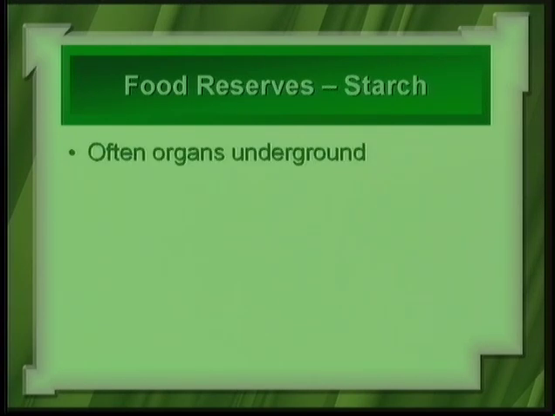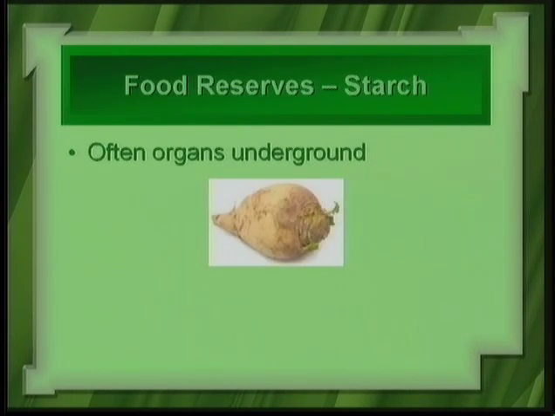A lot of these food reserves, whether in storage stems or storage roots, tend to be underground. So the plant will have these organs for storage to guard against hard times. Here we have a turnip. It could be a rutabaga, and I know a rutabaga is sort of like a turnip.